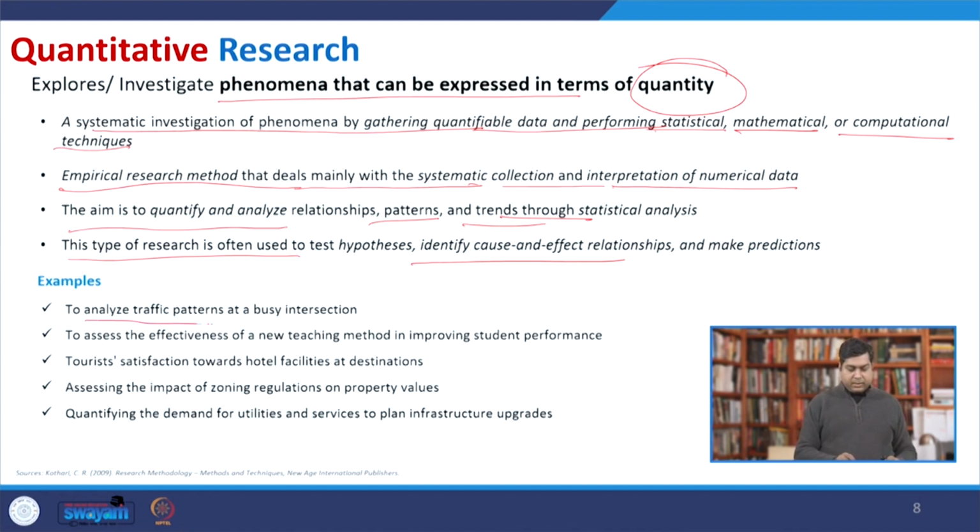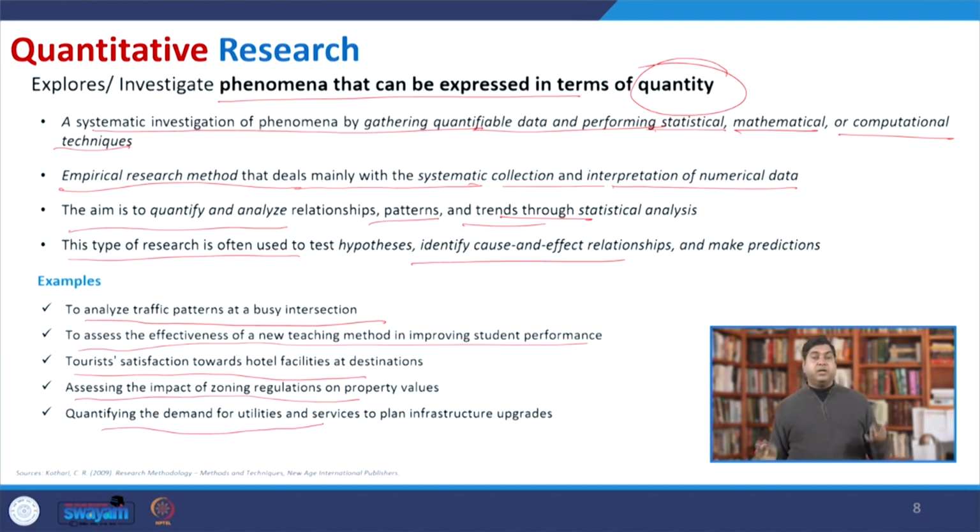Say for example, to analyze the traffic pattern in a busy intersection, where you go for counting the vehicles; to assess the effectiveness of a new teaching method for improving performance, where you can test before and after applying that particular technique how students performed in the examination; tourist satisfaction towards the hotel facilities at destination, where there are different kinds of satisfaction you can quantify; assessing the impact of zoning regulation on property value; quantifying the demand for utilities and services to plan infrastructure upgrade. So identifying the gap in infrastructure that we discussed.